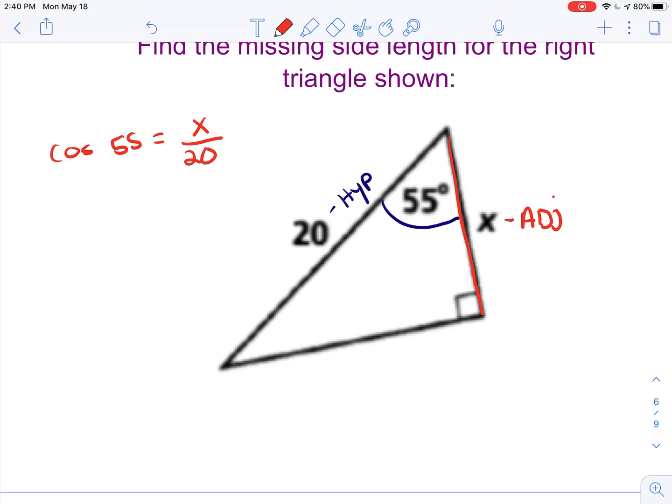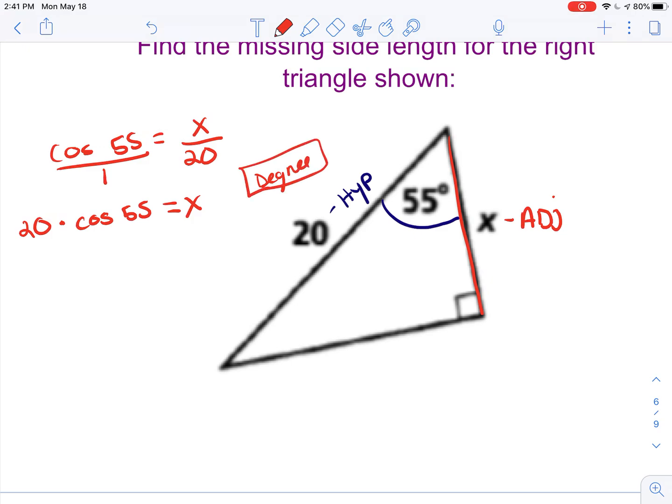So how do I find this x value? Well, anytime we're given something like this, my suggestion is to turn it into a proportion. If you can cross multiply, you can solve for the value of x. So I would get 20 times cosine of 55 is equal to x. Now you want to be extra careful, okay? Because you want to make sure you are in degree mode.